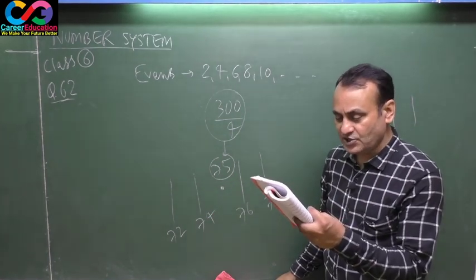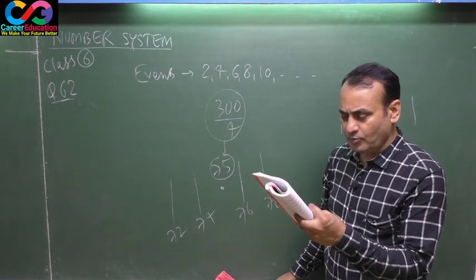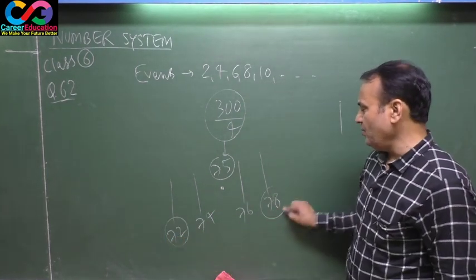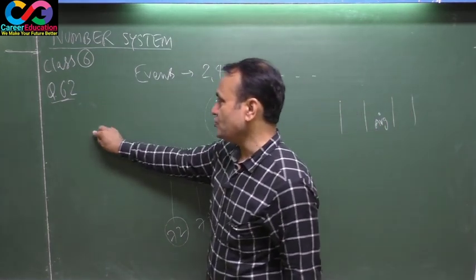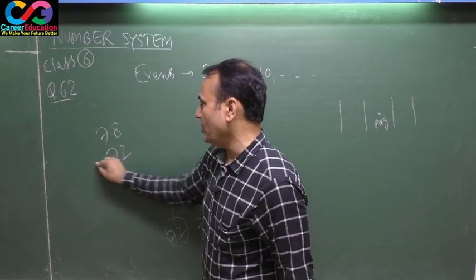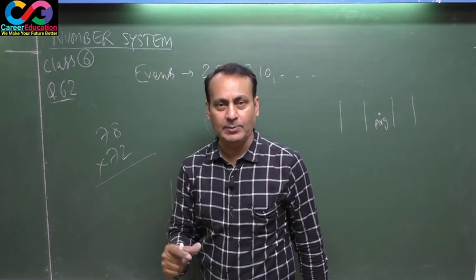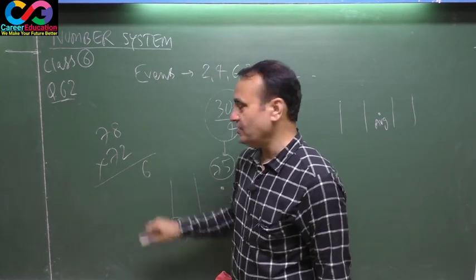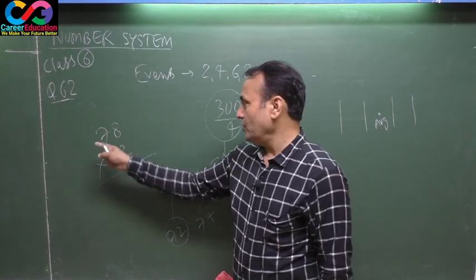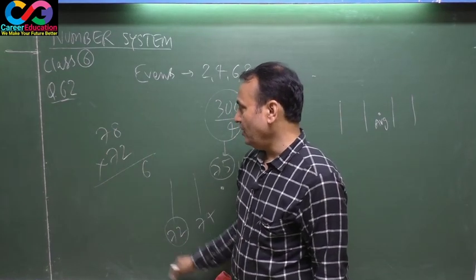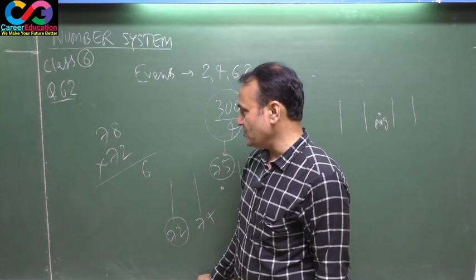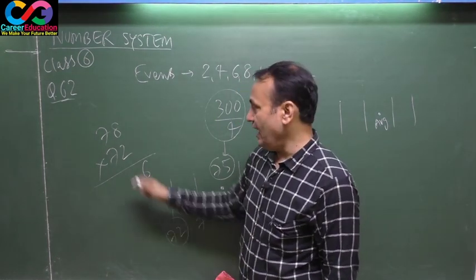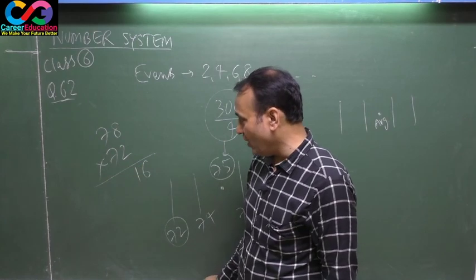Question has demanded you find out the product of the smallest and the biggest, meaning smallest is this one, biggest is this one, and the question asks you to find out the product of these 2 numbers. You are to multiply here accordingly. See here, 2 eights are 16, 1 remaining, 2 sevens are 14, 8 sevens are 56. 56 plus 14 equals 70, and 1 remaining, 71.